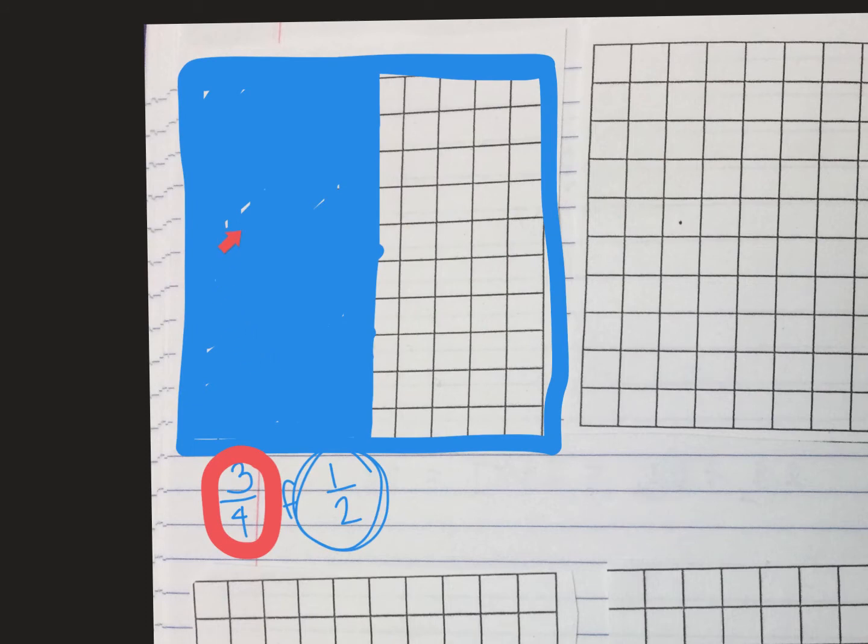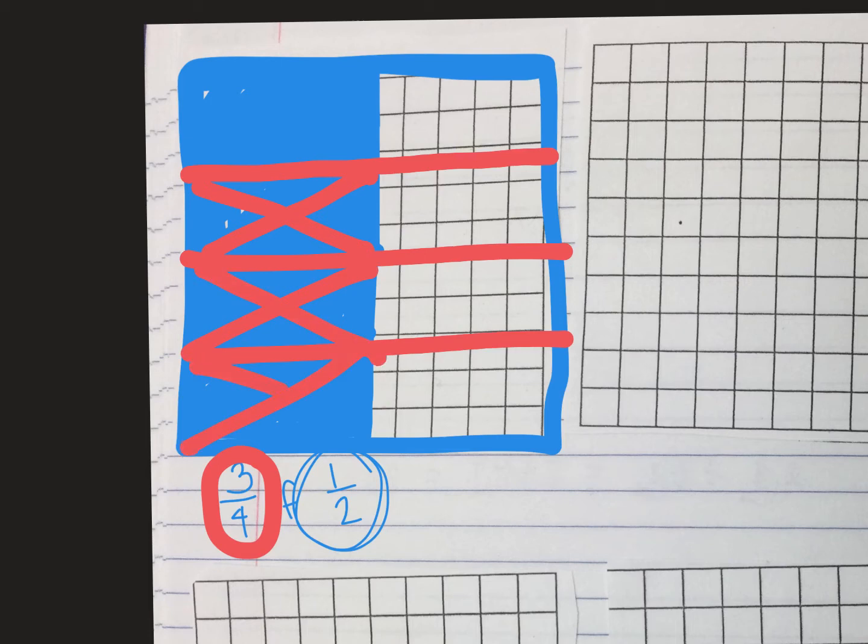I don't want 3/4 of the whole thing. I want 3/4 of this. So I'm going to separate this into fourths. 1, 2, 3. And I want 3/4 of that. So this is 1, 2, 3. So when I'm talking about 3/4 of a half, I can also say 3/4 times 1/2.